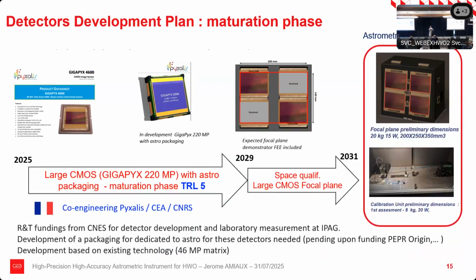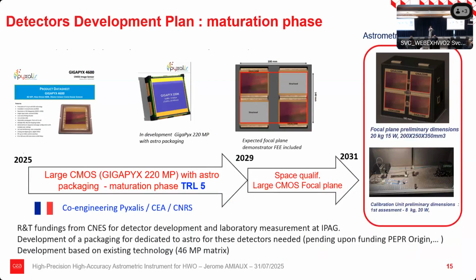Our first detector development plan is shown on this slide. We've got the 46 megapixel array and it's under testing. We planned in 4 years to reach the TRL5 for the 220 megapixel gigapixel.